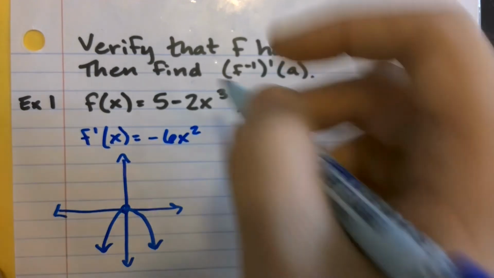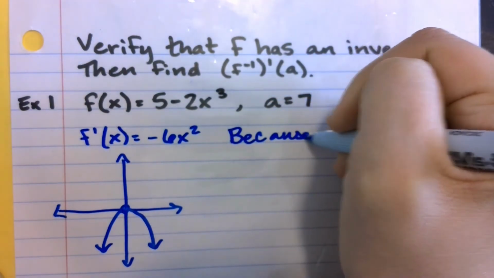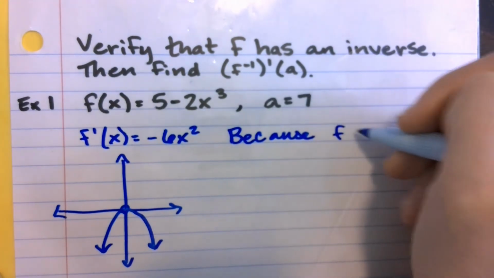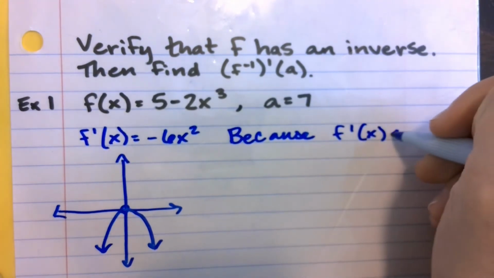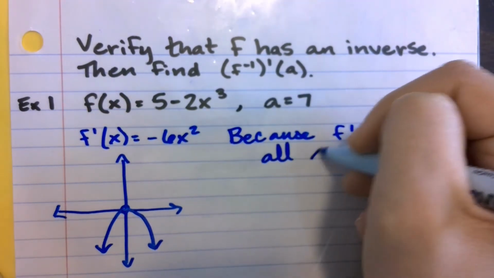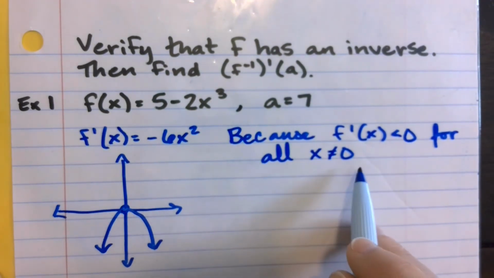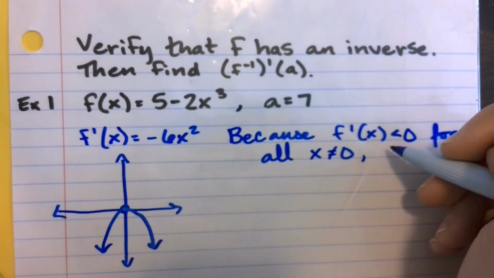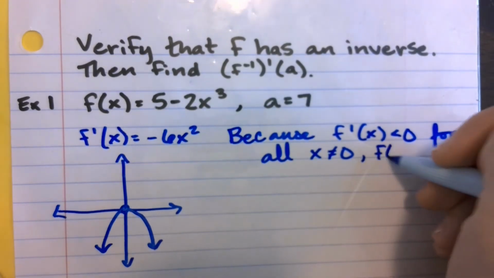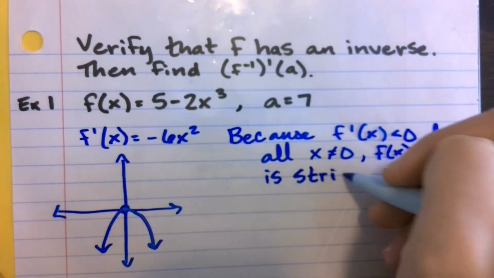So what we're allowed to say is that because f prime of x is less than 0 for all x not equal to 0, so we're just leaving out that one value, but it's less than 0 for everything else, we know that f of x is strictly decreasing.